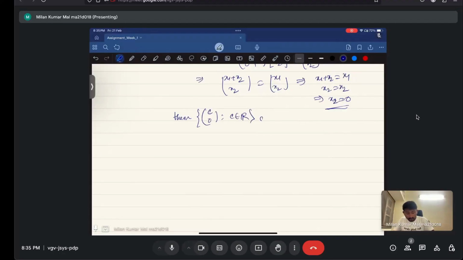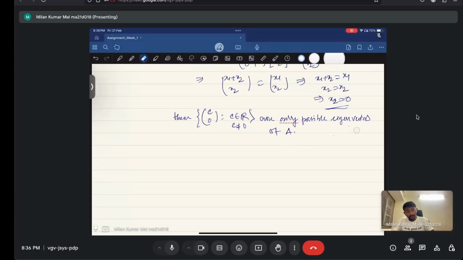These are the only possible eigenvectors, with c not equal to 0, eigenvectors of A, and no other possible eigenvector is there.